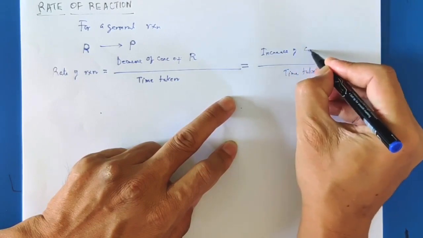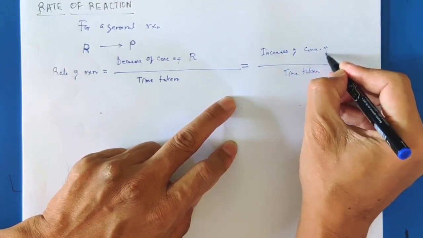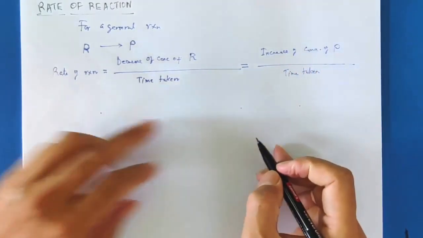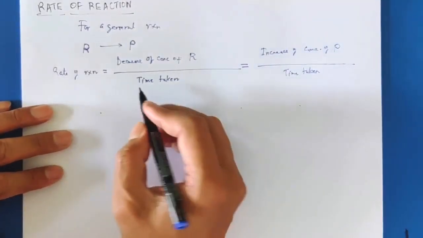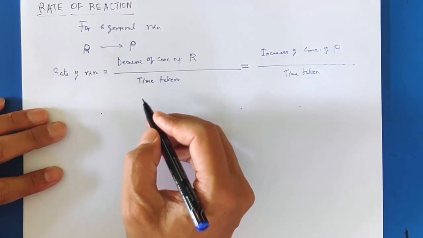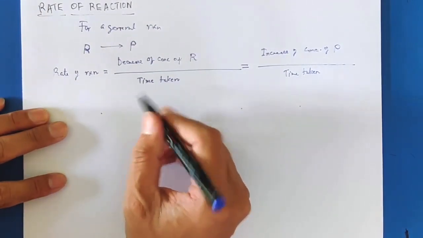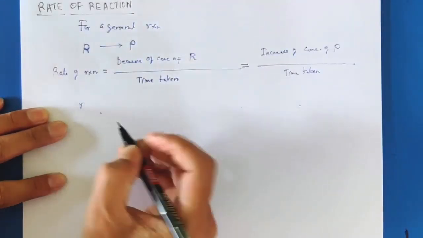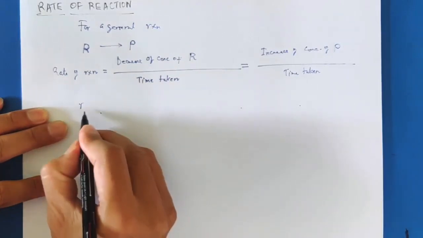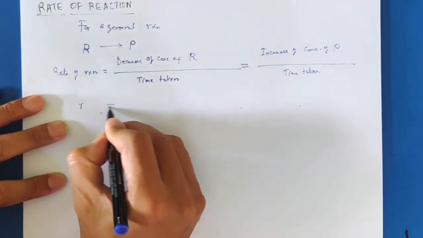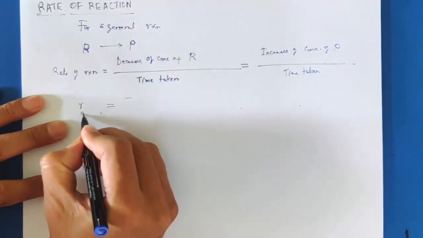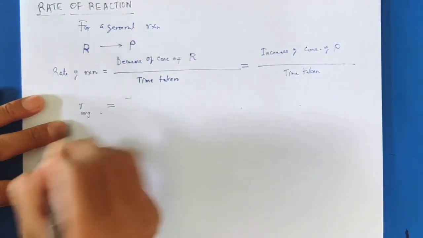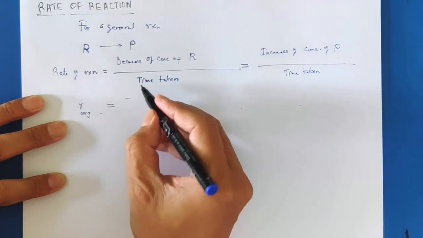This is the rate of reaction definition. The symbol for rate of reaction we will represent by r. Okay, average rate of reaction.